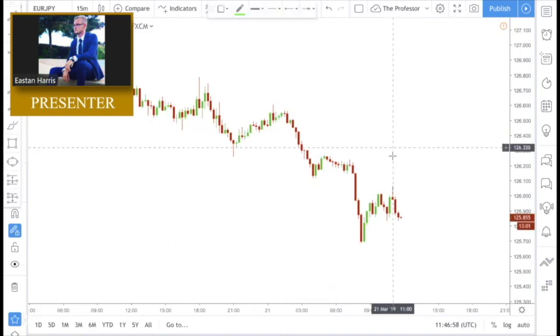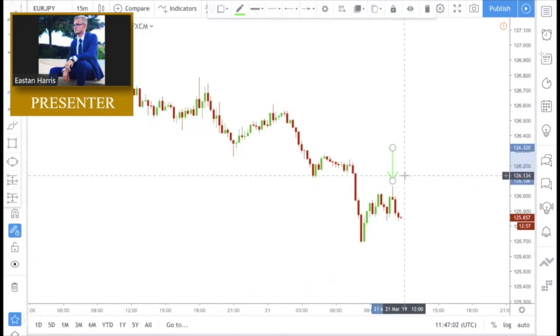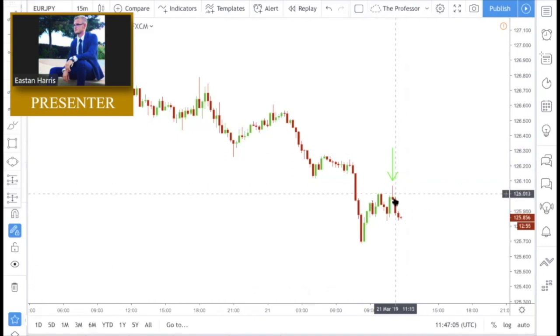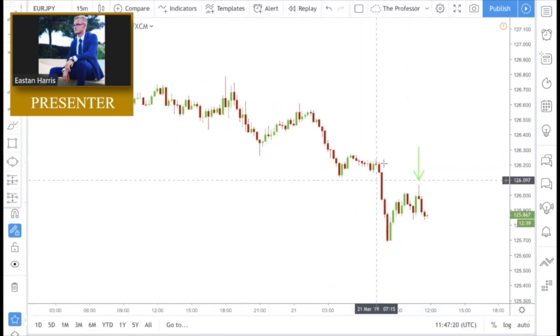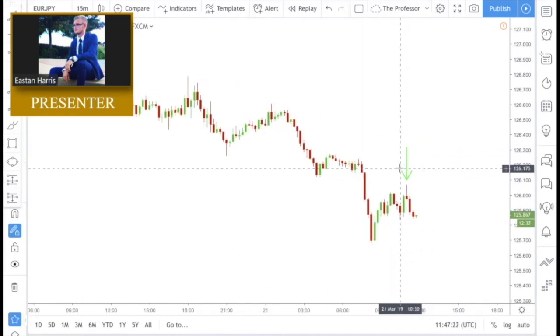Right from the get-go, we have a solid exhaustion candle right here. Price came up, got rejected back down by the time this candle closed. Price has since been falling to the downside. Right here, we've got a smaller one.